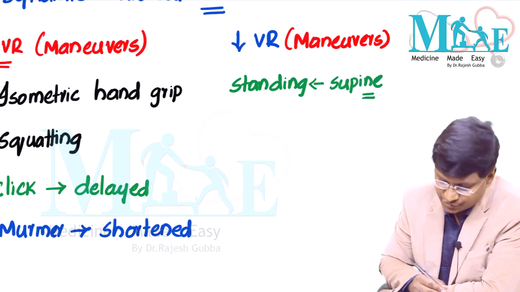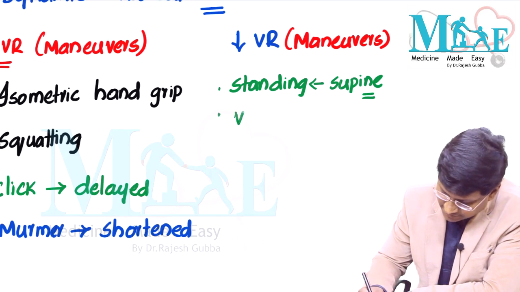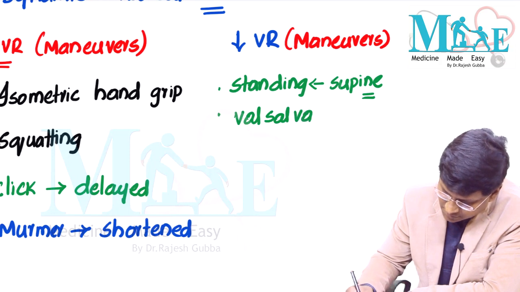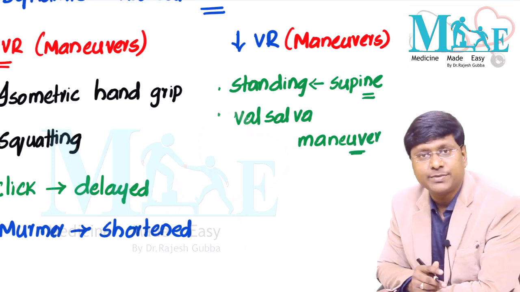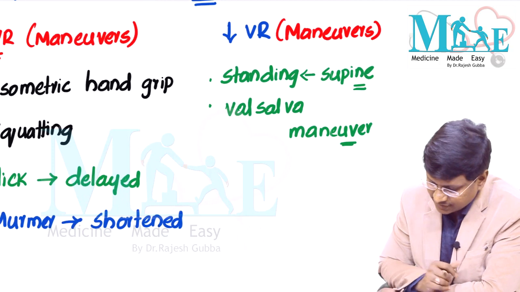The other one is the Valsalva maneuver. Right? So these two maneuvers will reduce the venous return of the individual.